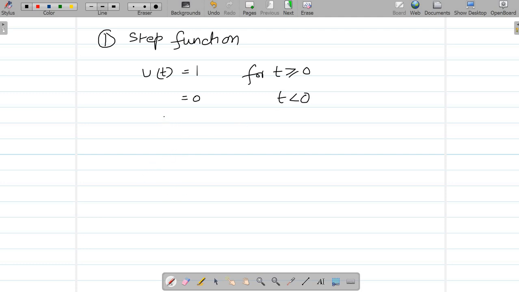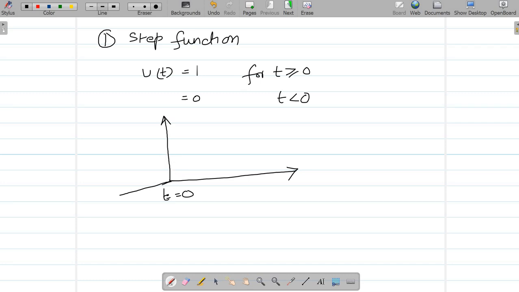Now let me draw the graph for this. So I said this is t is equal to 0. Prior to t is equal to 0, the value is going to be 0. The amplitude is going to be 0.